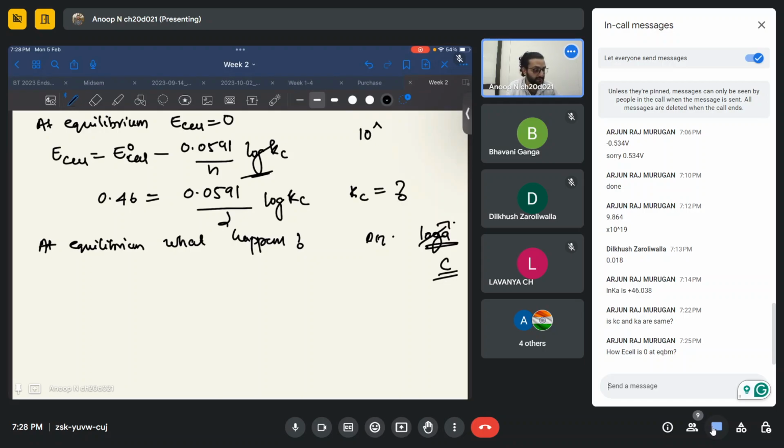What's the answer coming? Yeah, log can be written as 10 raised to.